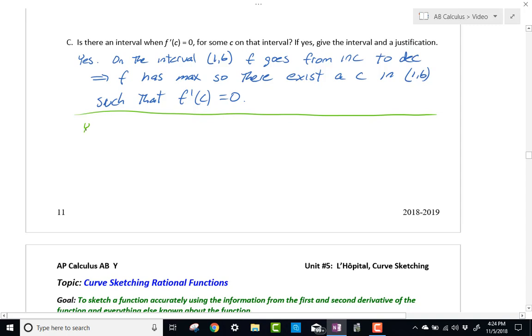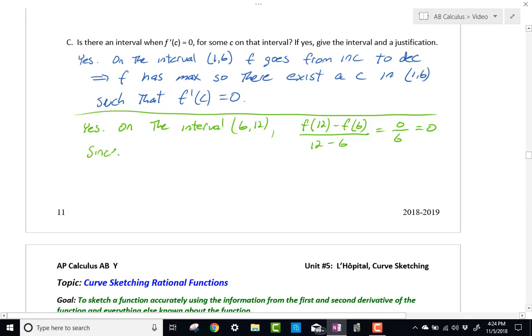So I could have also said yes, on the interval 6 to 12, we know that f of 12 minus f of 6 over 12 minus 6 would equal 0 over 6, which equals 0.